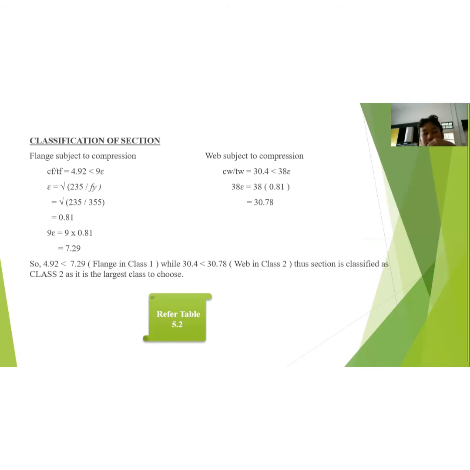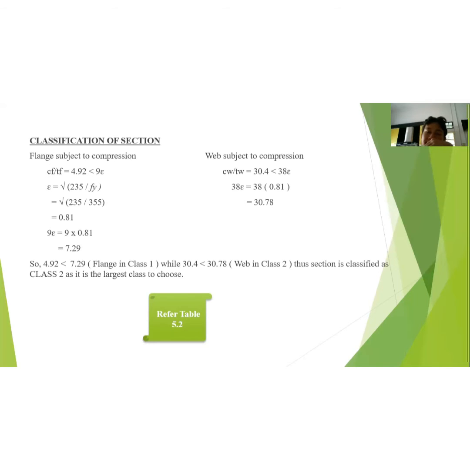With the coefficient formula, the square root of 235 divided by Fy, we get the square root of 235 divided by 355, and we get 0.81. Then 9 coefficient, we get 7.29.